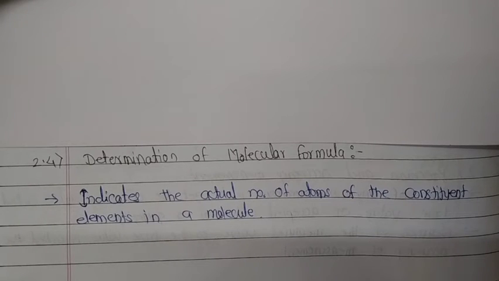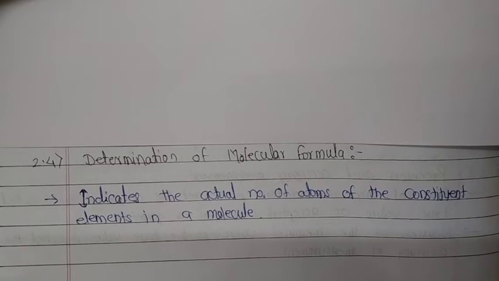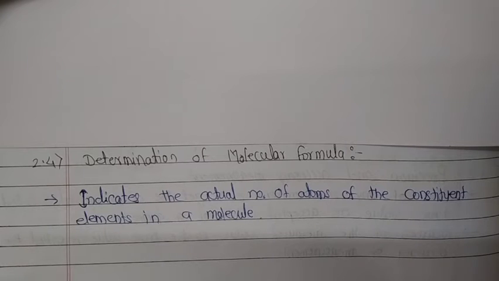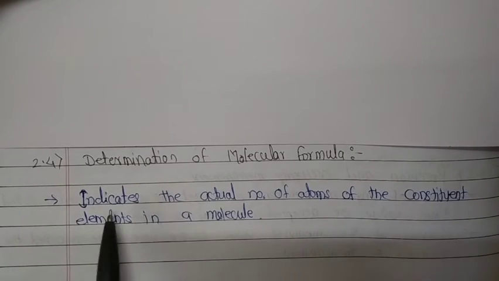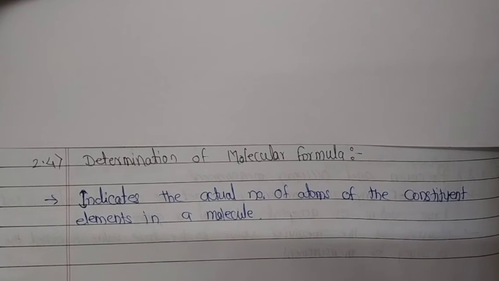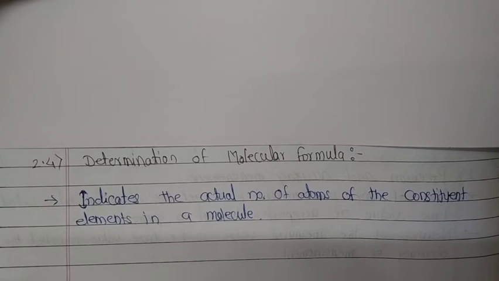So how many atoms are there? 1 atom of carbon and 2 atoms of oxygen. So CO2 is the formula for carbon dioxide. It indicates the actual number of atoms of the constituent elements in a molecule. In a carbon dioxide molecule, there are a total of 3 atoms, of which 1 is a carbon atom and 2 are oxygen atoms.